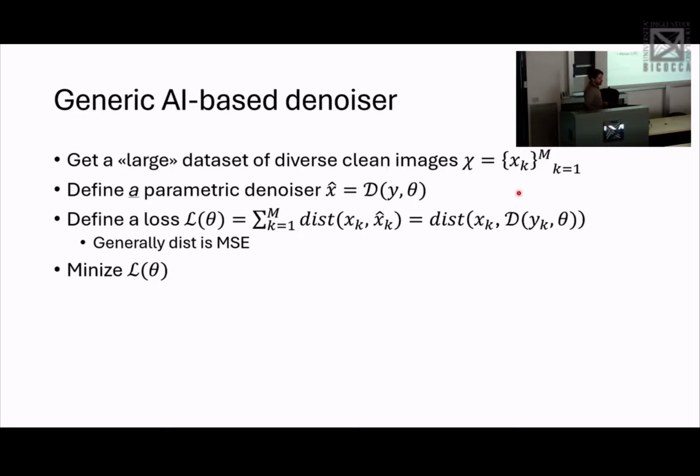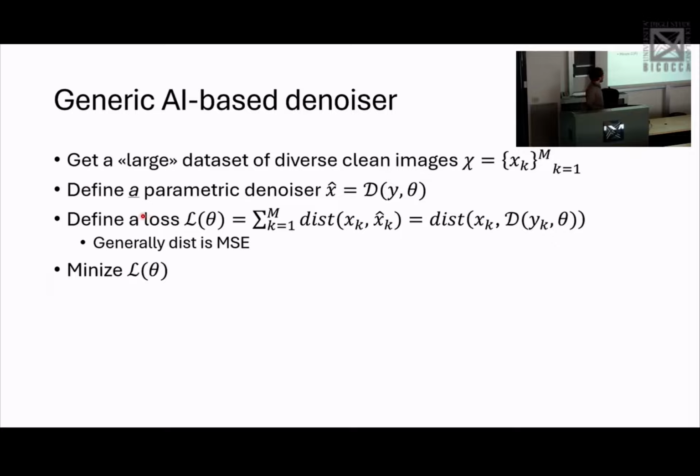Then we need to define one parametric denoiser. This means that it can be mostly anything, but it should be described by some parameters, theta. If we think about neural networks, it will be the weights of the networks, the parameters of the networks.